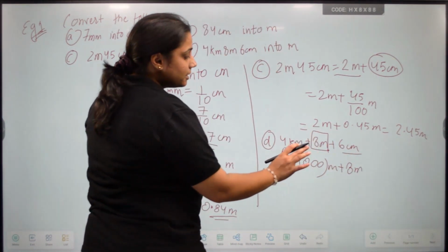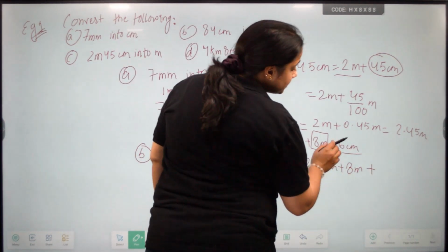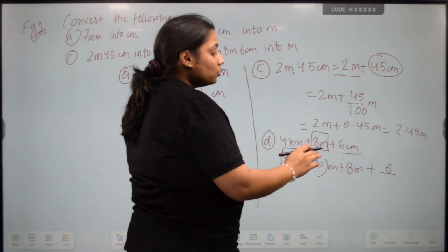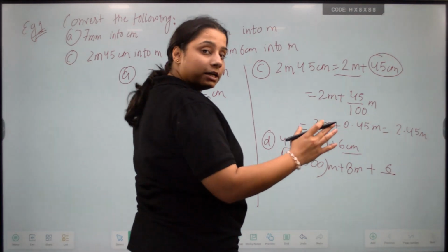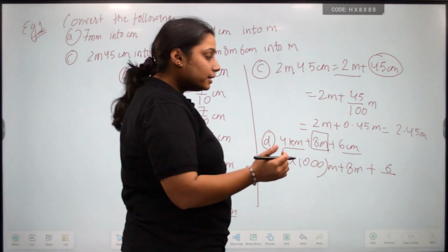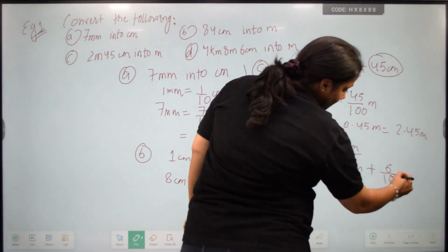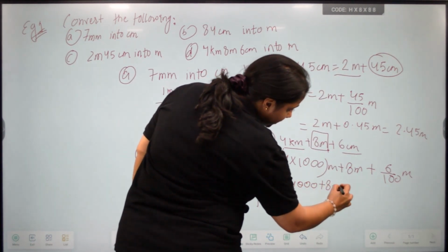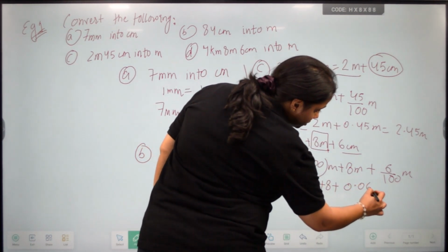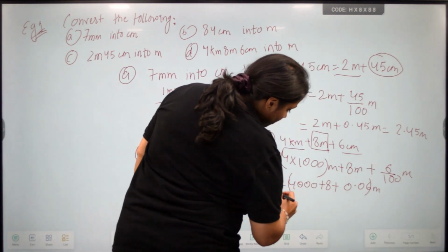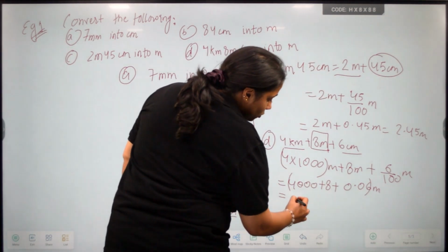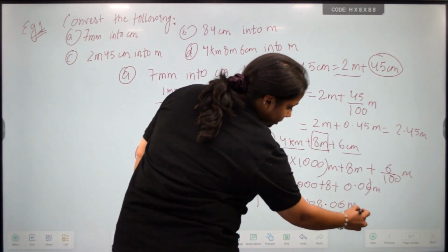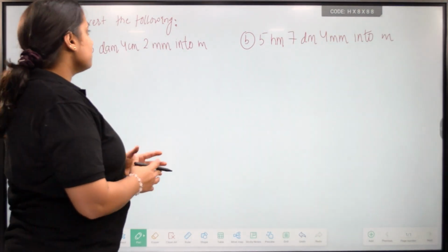This 8 meters is the same, and this is 6 centimeters. 1 centimeter will be equal to 1 by 100 meters. So it will become 4000 plus 8 plus 0.06 meters. So the answer will be 4008.06 meters.